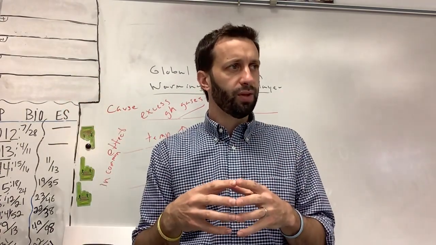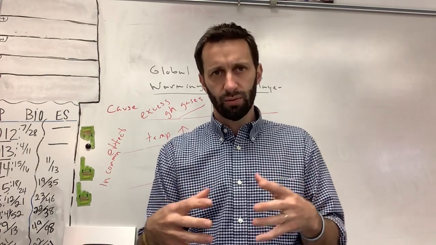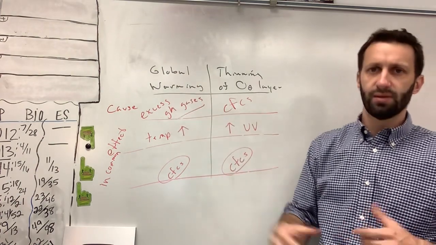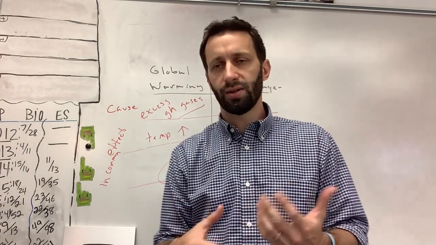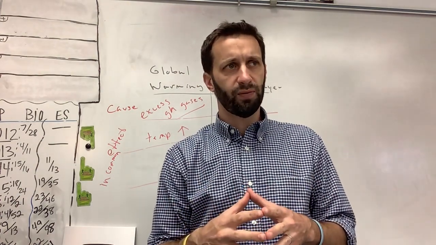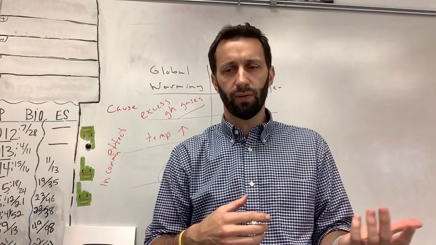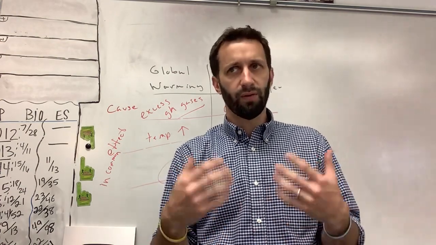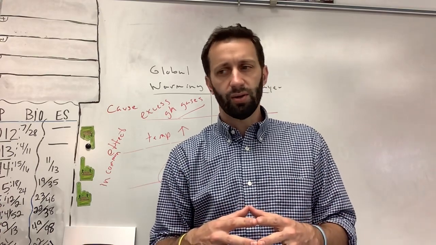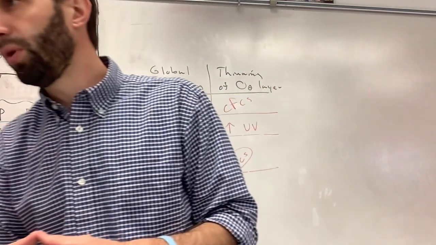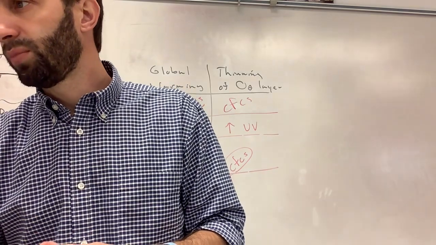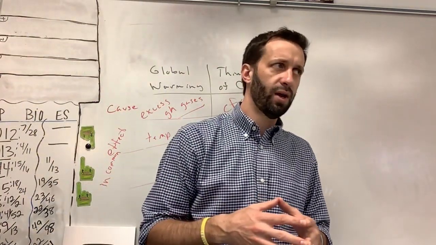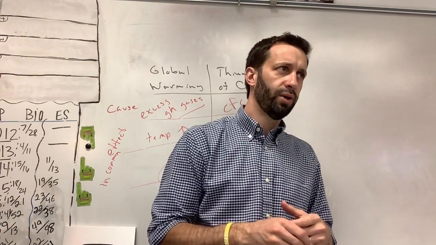Now, there's one thing that they have in common, though. CFCs are a type of greenhouse gas, a very potent greenhouse gas. There's not a lot of them in the atmosphere compared to CO2 or water vapor, but there is some in the air, and they're very potent. As you can see by the table on 521, they're anywhere from 2,000 to roughly 13,000 times as bad as a molecule of carbon dioxide.